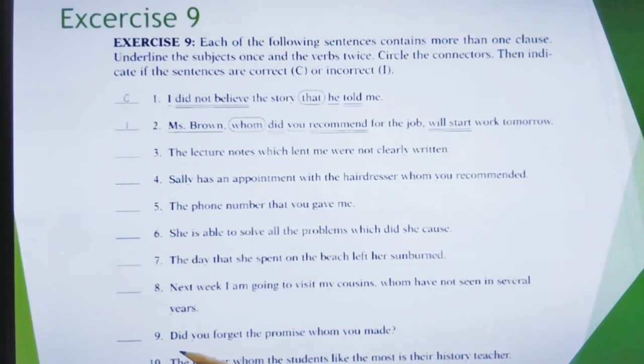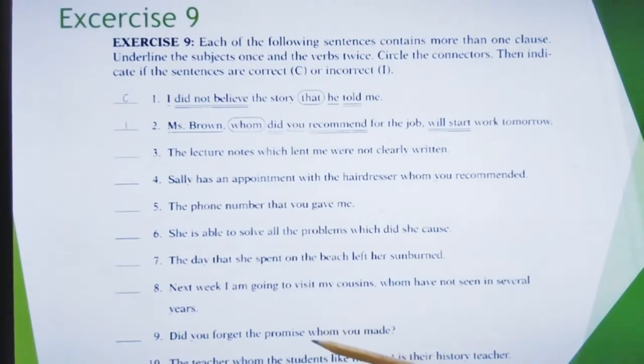Number 9, did you forget the promise whom you made? Okay, so it is incorrect. Why is it incorrect? You have to identify the connectors. Even though the dependent subject is good, correct, and this one is also correct, the connector is incorrect. Why? It's supposed to be which or that. Why?